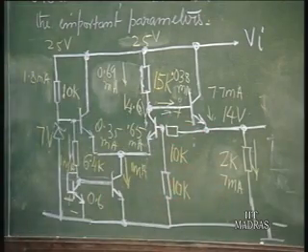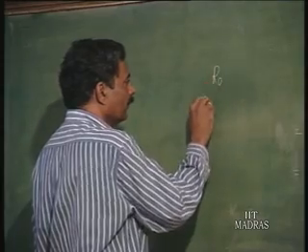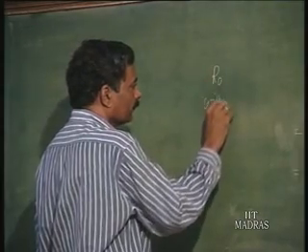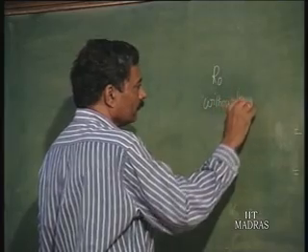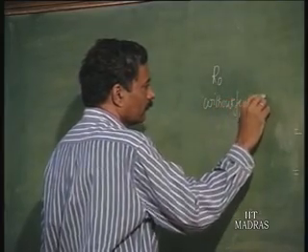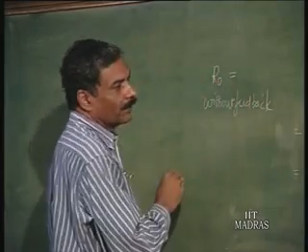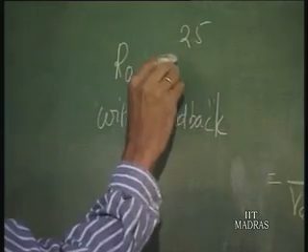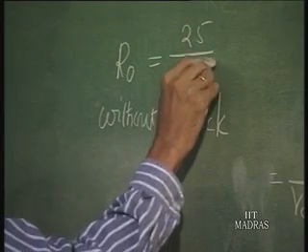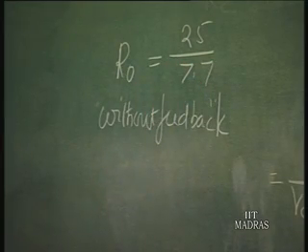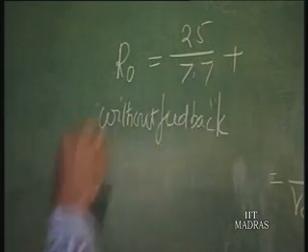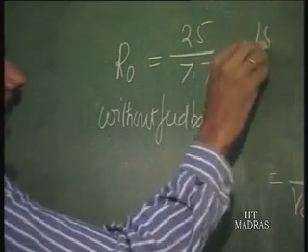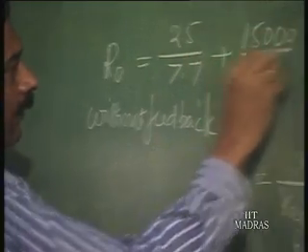So, essentially the original output impedance without feedback is going to be RE, which is 25 by 7.7 ohms, plus 15 K divided by 200.